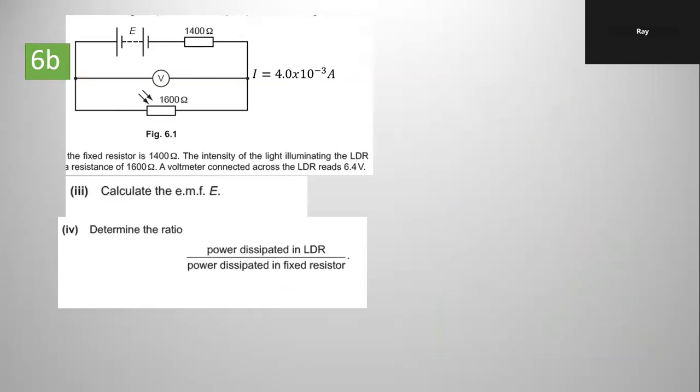Okay. As part of the question we saw previously, calculate the EMF. Calculate E. You know this is 6.4. So calculate the potential difference across this one, no? You know the current. Can you get the answer?